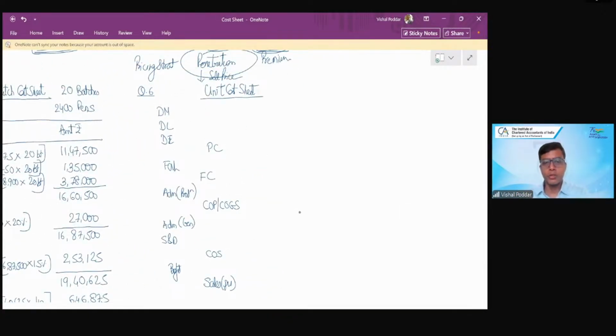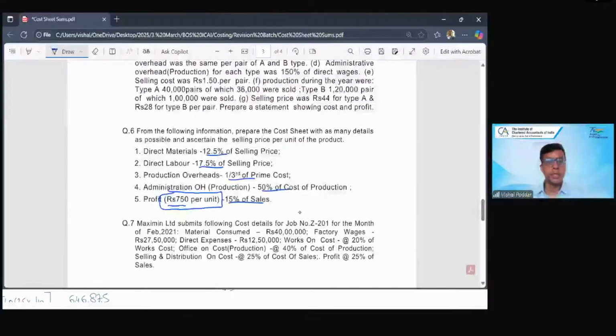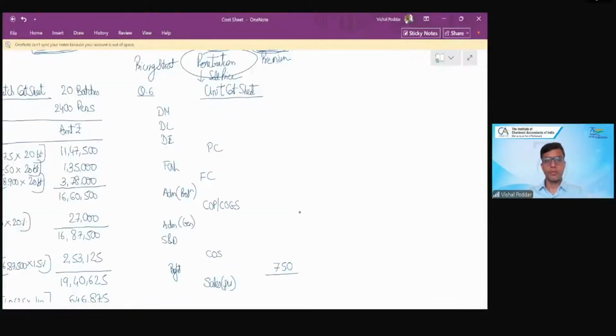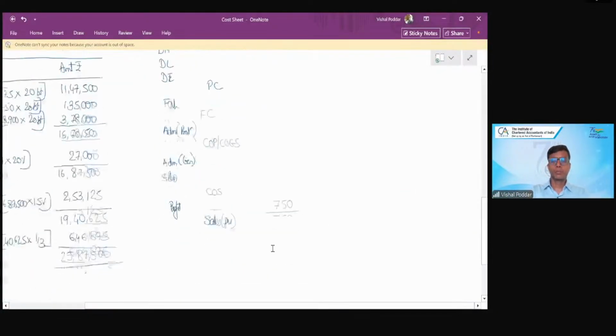Now, I have the only sole absolute value, which is the 750 profit. Correct? Now, this becomes my starting point. So they have given 750 per unit profit. And also, in order that you are able to derive other values, they have also given you the percentage, that it is 15% of sales. So this 750 is 15% of sales.